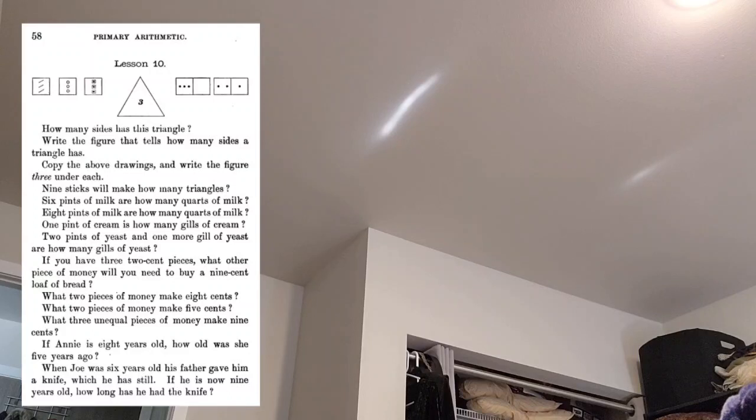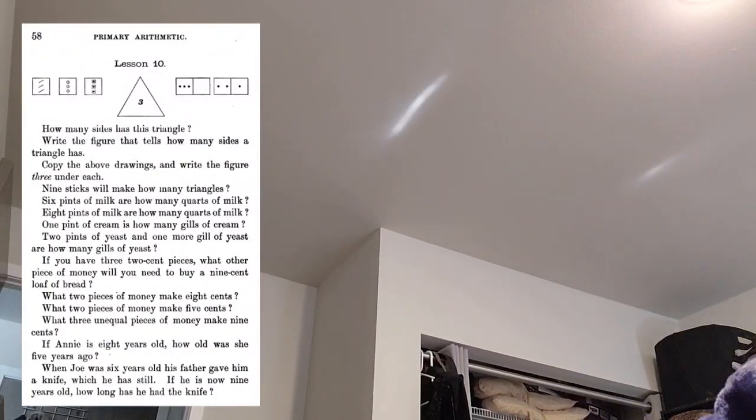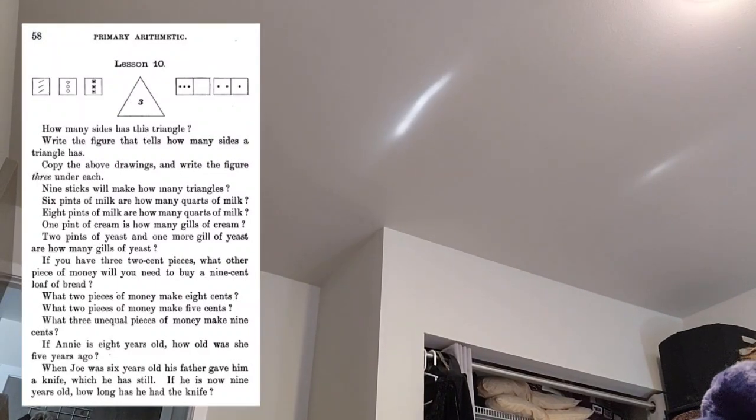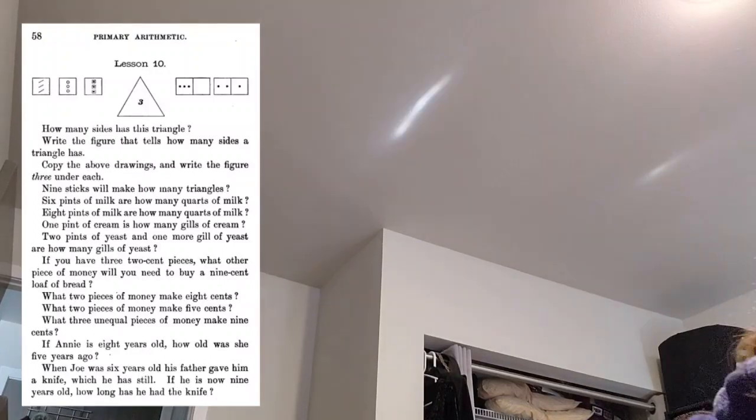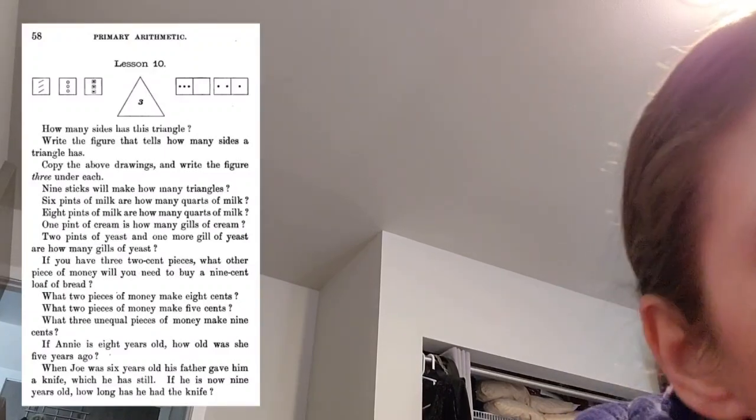Okay. 8 pints of milk are how many quarts of milk? That's going to be 4 quarts of milk. 1 pint of cream is how many gills of cream? That's 4 gills of cream.